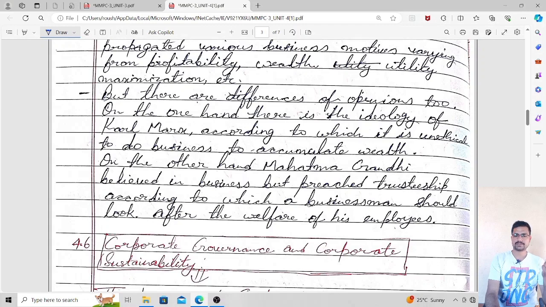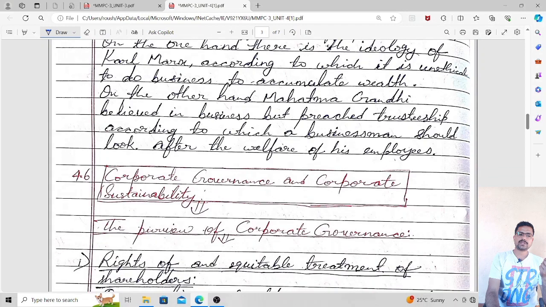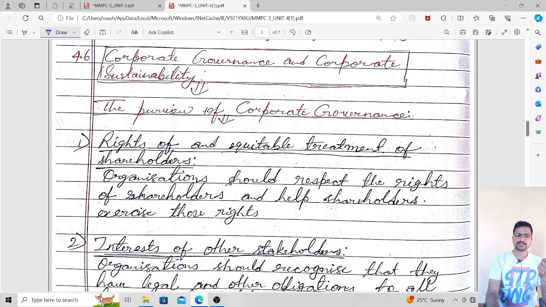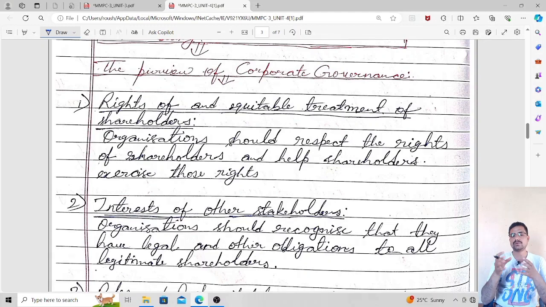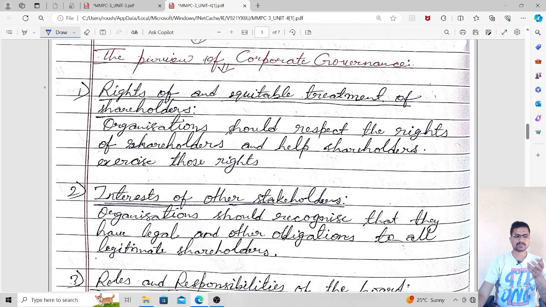of his employees. Sixth, given that is corporate governance and corporate sustainability, theory of corporate governance. Rights of and equitable treatment of shareholders: organizations should respect the rights of shareholders and help shareholders exercise those rights. Interests of other stakeholders, that is the second point.